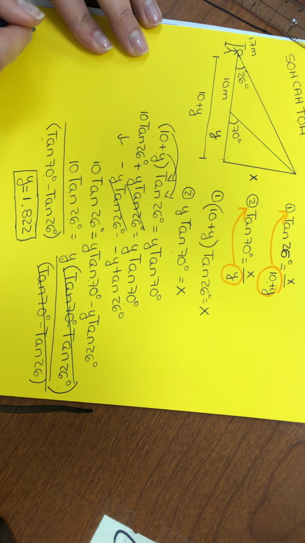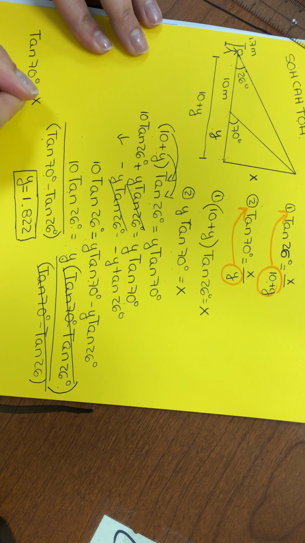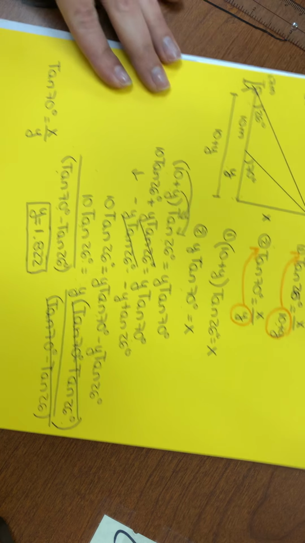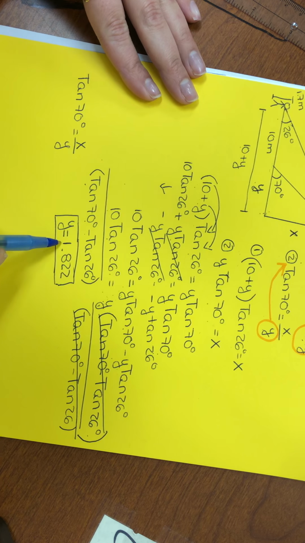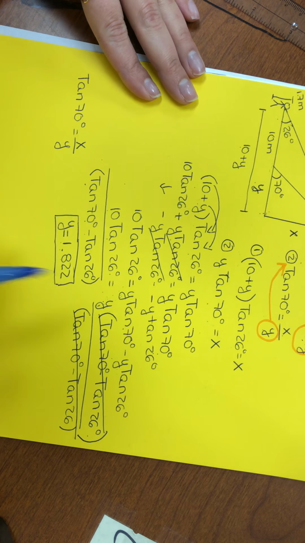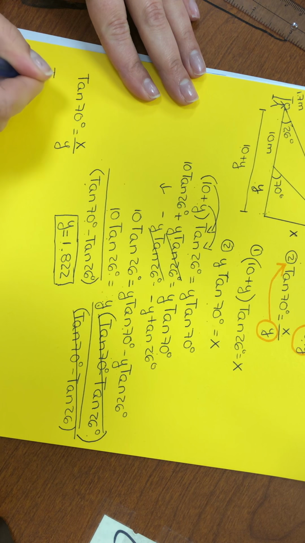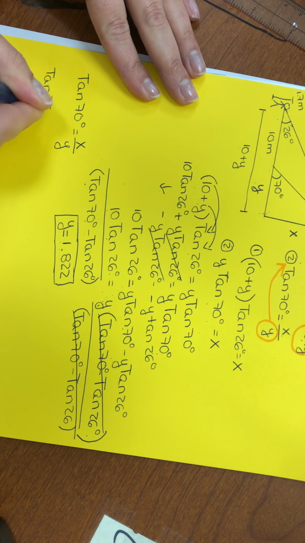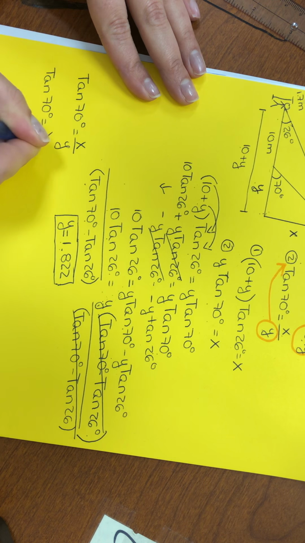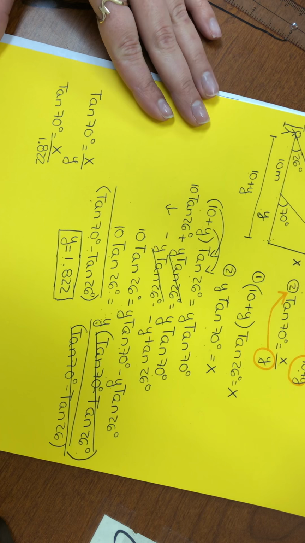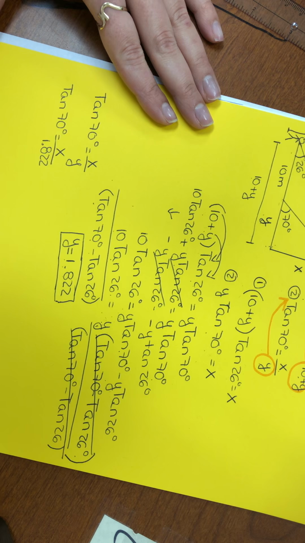So equation 2 is tangent of 70 equals x over y, and we said y is 1.822. So we're gonna plug this for y. So tangent of 70 equals x over 1.822. Okay, then we just have to solve for x.